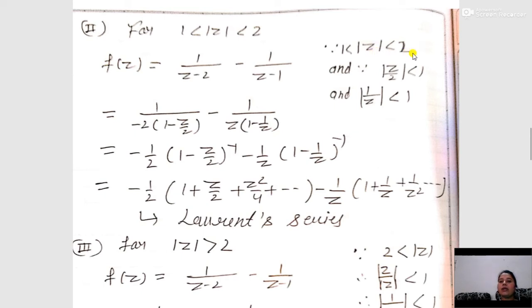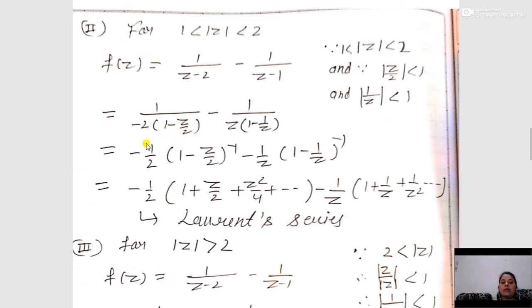Therefore, by dividing both sides by 2, we get mod of z by 2 is less than 1. Therefore, if we take minus 2 as common from the denominator, it will be 1 minus z by 2. And we have shown that mod of z by 2 is less than 1. Therefore, this bracket can be expanded using binomial theorem.